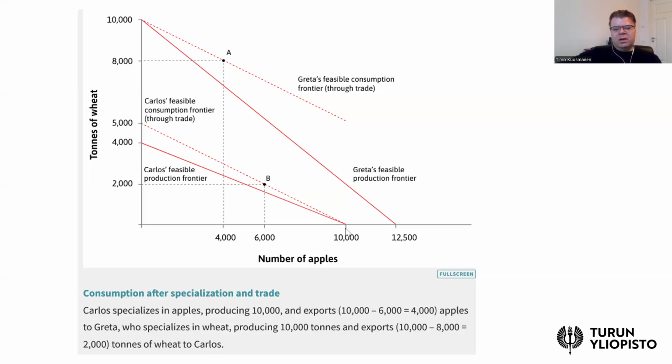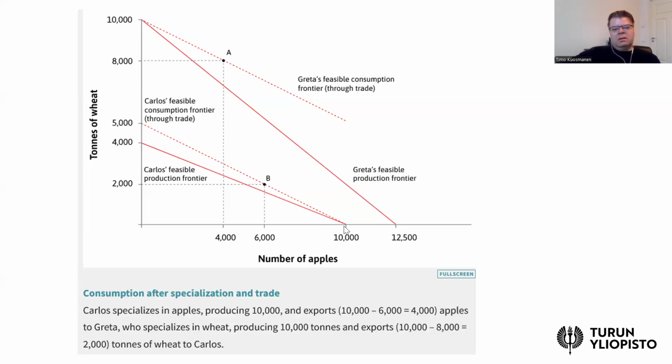So Carlos can specialize in producing apples, where he's not as bad as in the production of wheat. And it makes sense that Greta then specializes in wheat production, where she's far superior compared to Carlos. These solid red lines indicate the production possibilities, but then we also have these broken straight lines that start from these specialized production points.